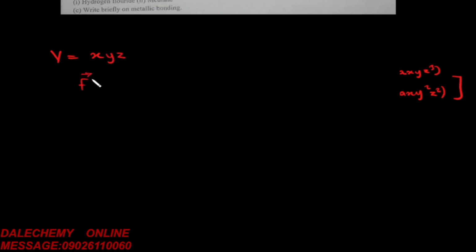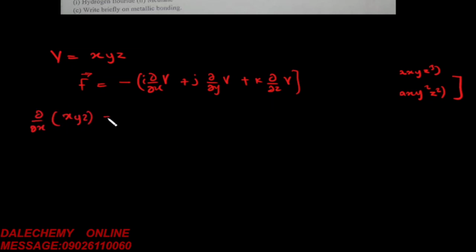Your force will still be minus d/dx of V i plus j d/dy V plus k d/dz V. So d/dx of V, which is xyz, will become yz. d/dy of xyz will become xz, and d/dz of xyz will become just xy.